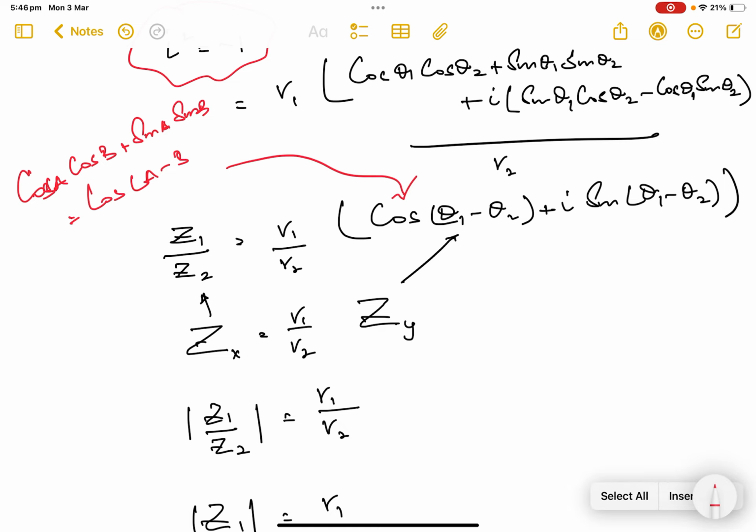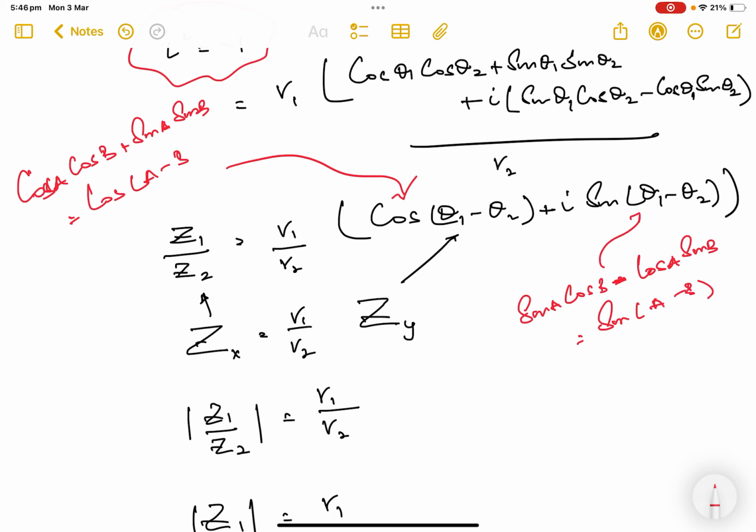And then sine A cos B minus cos A sine B equals sine of A minus B. That is this one. So we simplified it using the trigonometry identities.